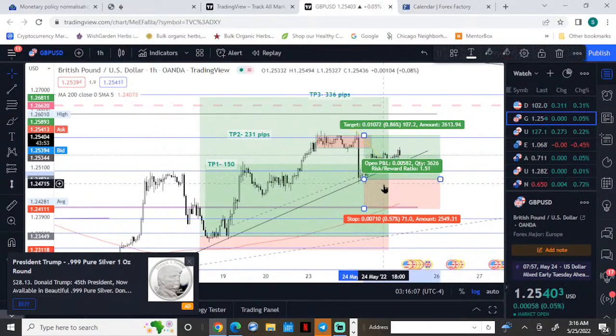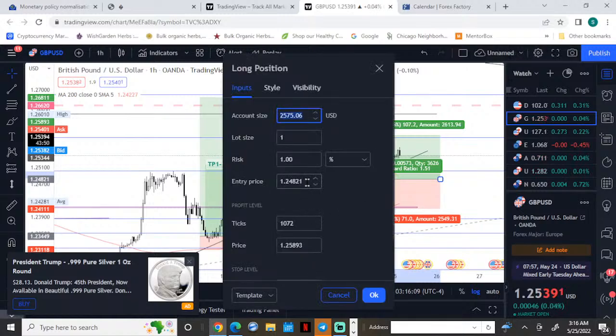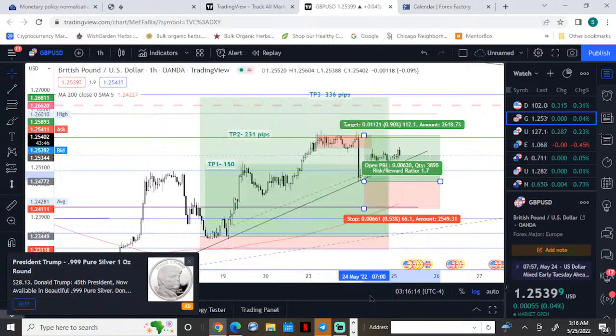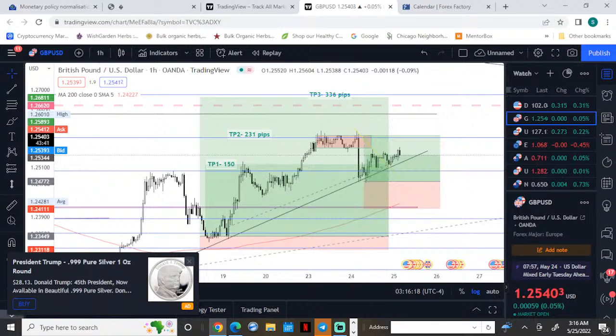That wick right there. 1.24772. Make sure it's accurate. Literally that wick right there.